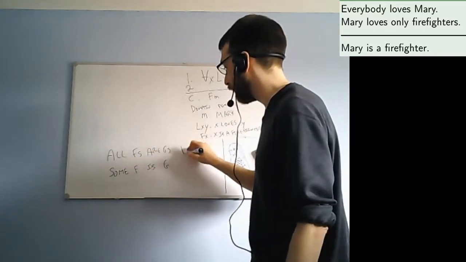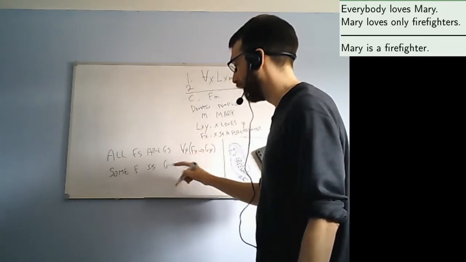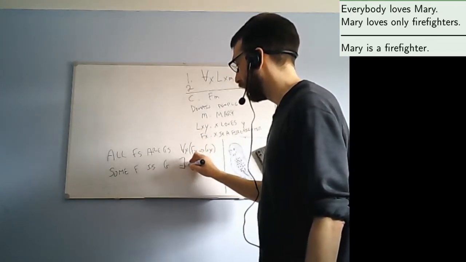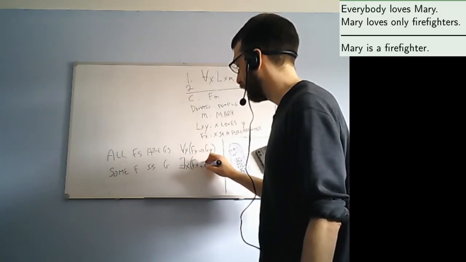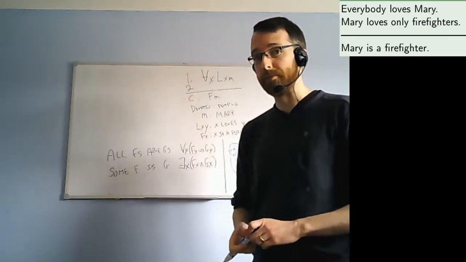So all F's are G's looks like for all X, Fx arrow Gx. Some F is G is there exists an X such that X is an F and X is a G.